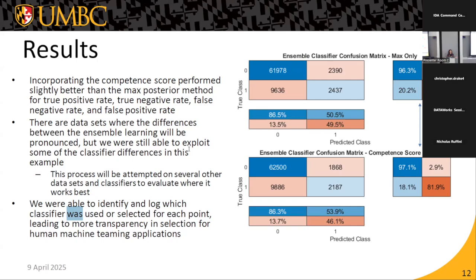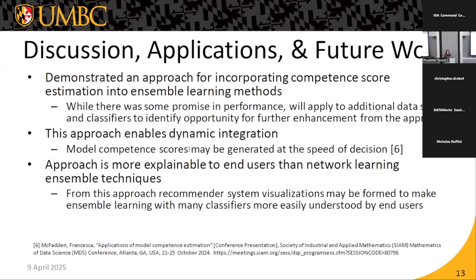So there's transparency to the end user for human machine teaming applications. As I said, we are able to demonstrate the approach and get the performance promise that we hoped for. Obviously, we want to look at more data sets to show where we can get even better performance.